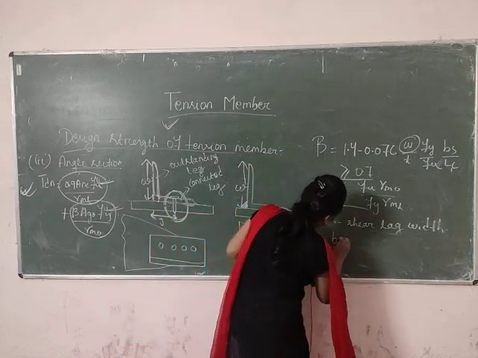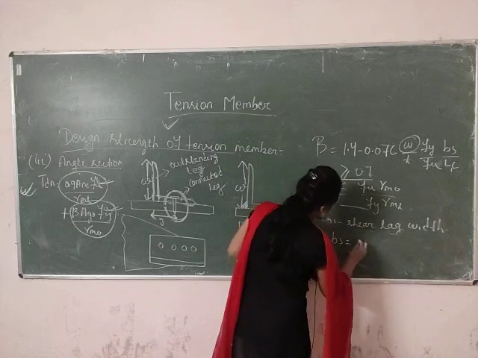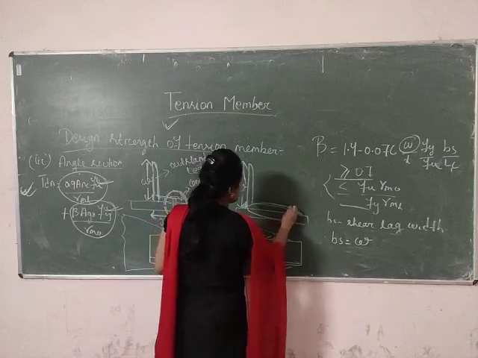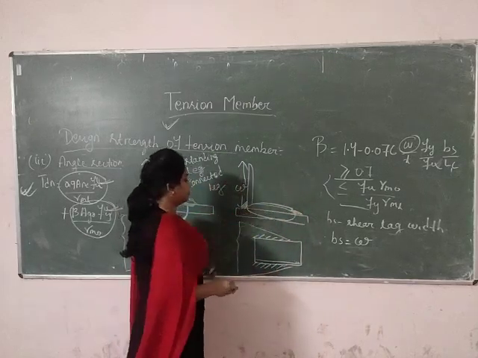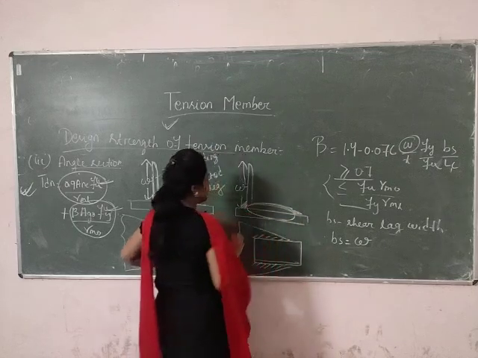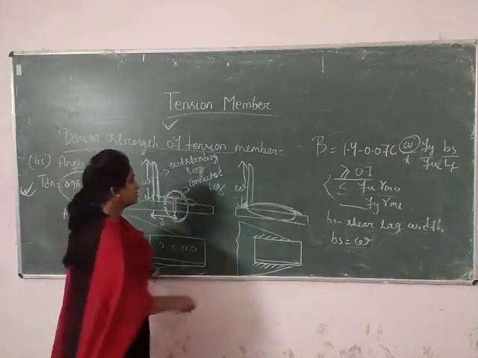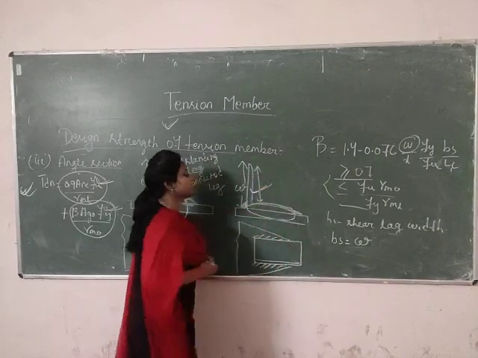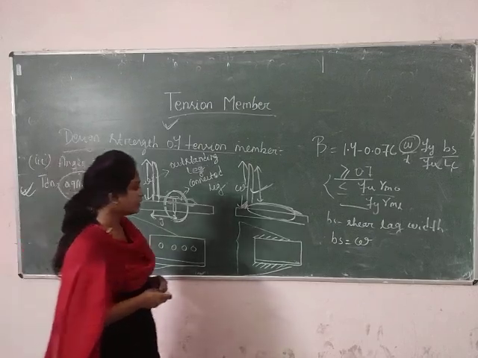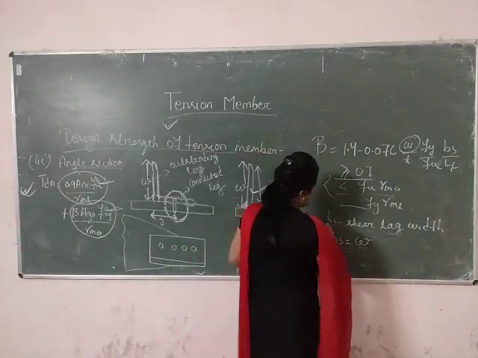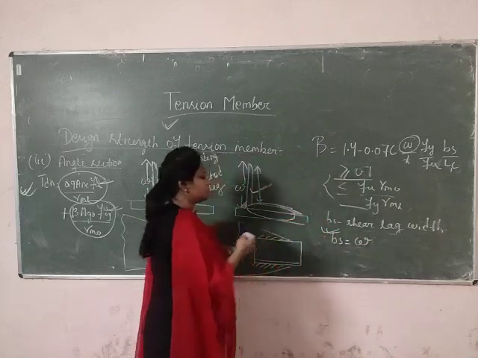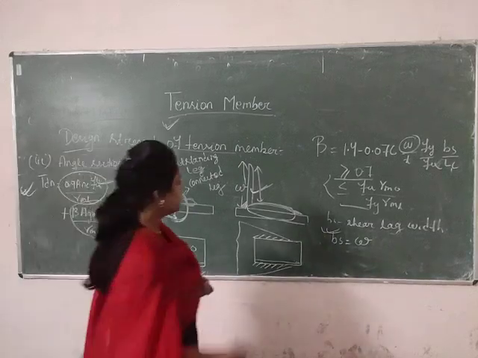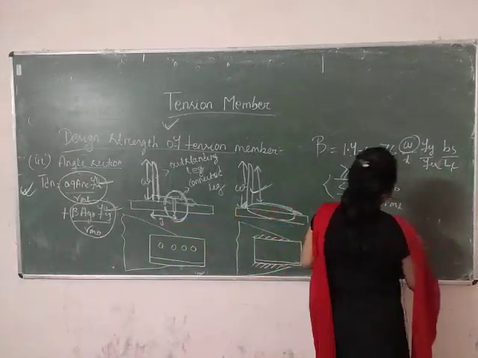For the welded connection the shear lag width will be W, as this whole leg is the connected leg, and only this part is facing the shear lag effect. So for the welded connection the shear lag width will be the outstanding leg width.